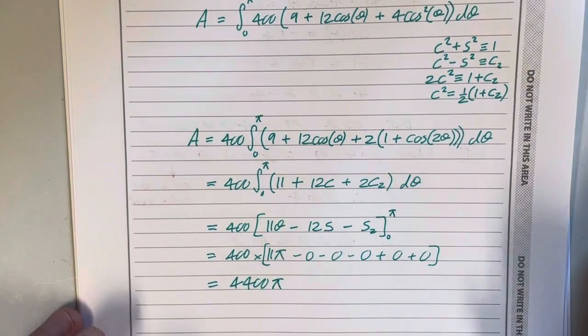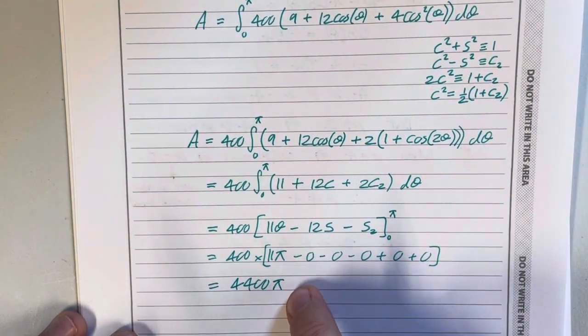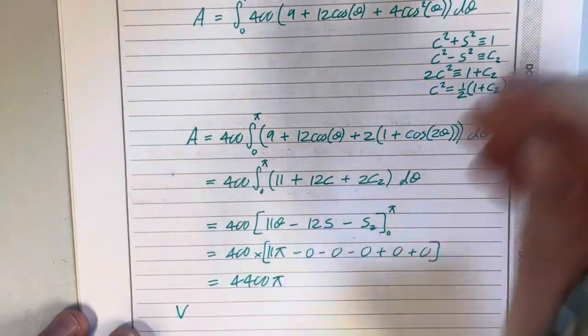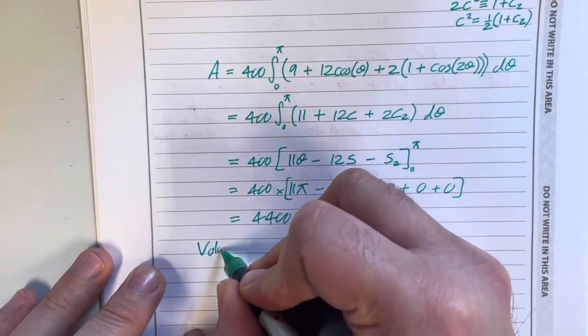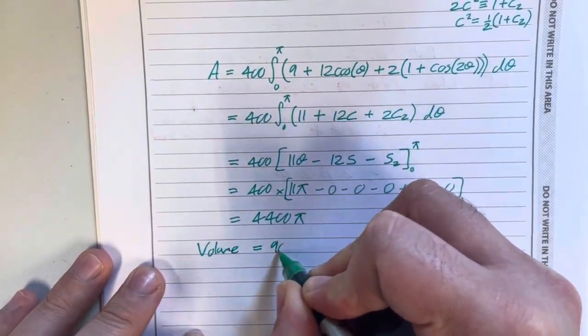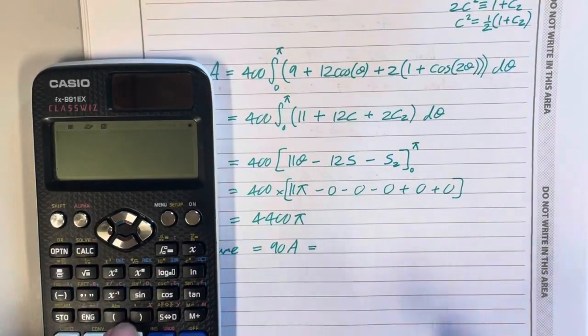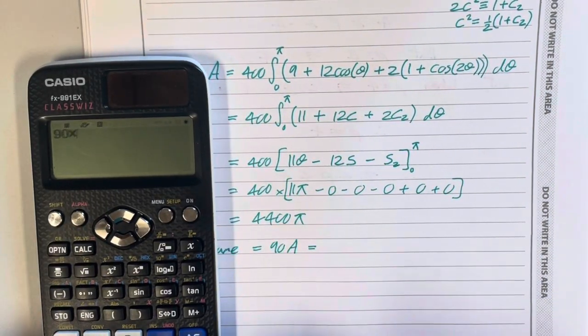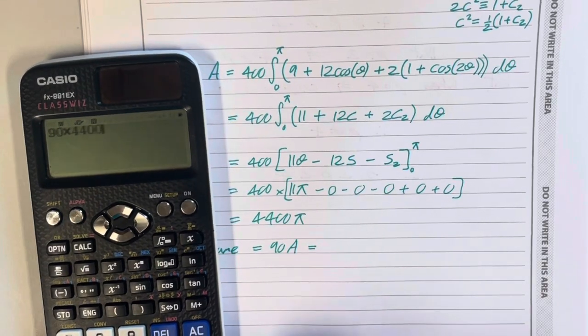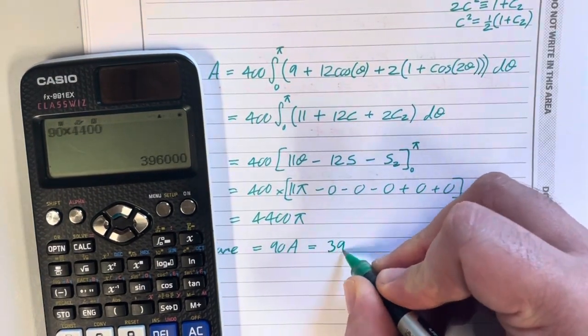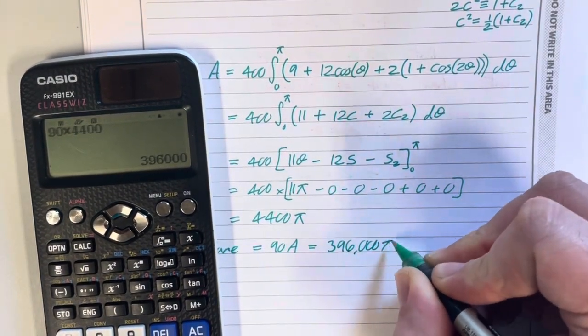I'm told the depth was 90 centimetres, and this is in centimetres. So therefore the volume of the pond, which is 90A, is going to be 90 times 4,400, which is 396,000 pi.